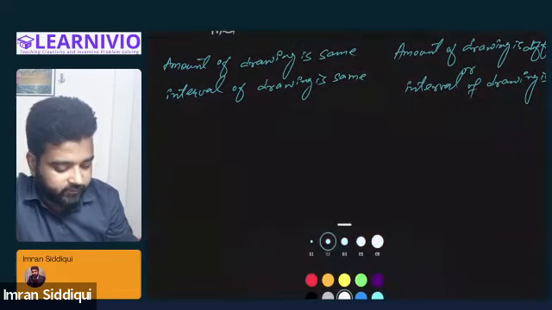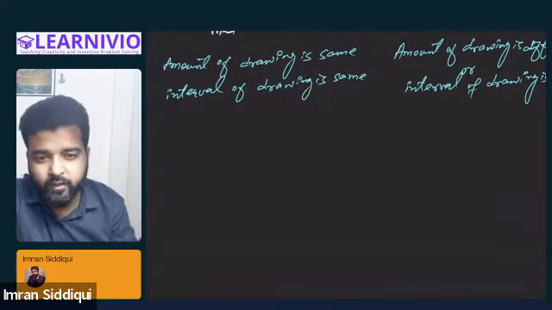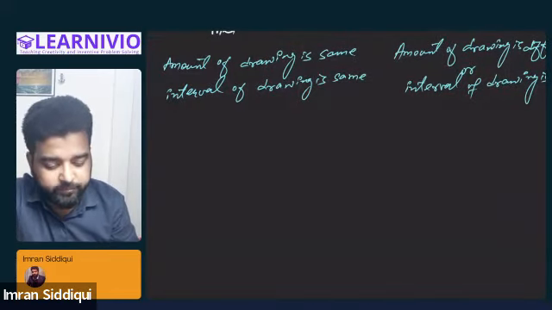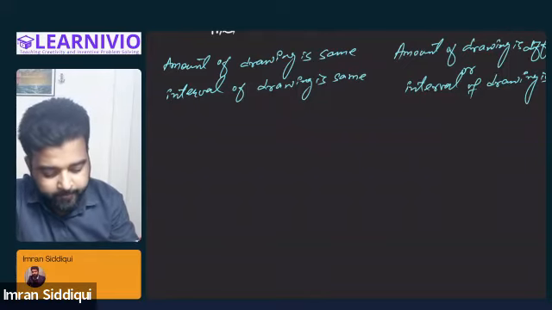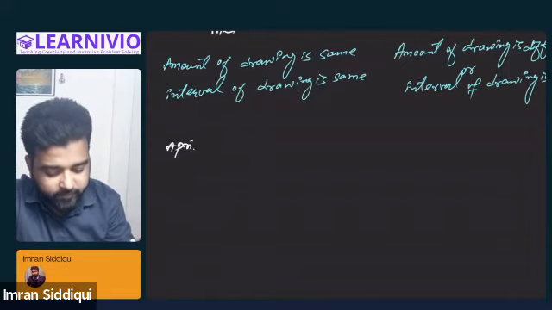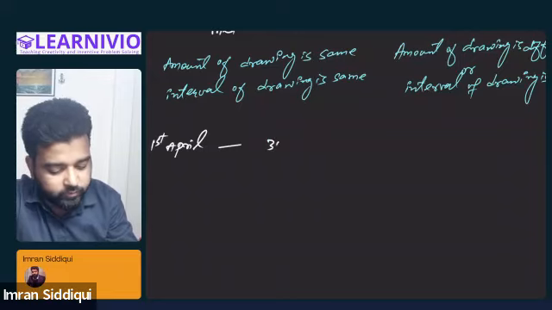Suppose any of the partners withdrew some amount from the firm, and let's suppose the first drawing was made on 1st of April. The amount of drawing was 30,000, right?